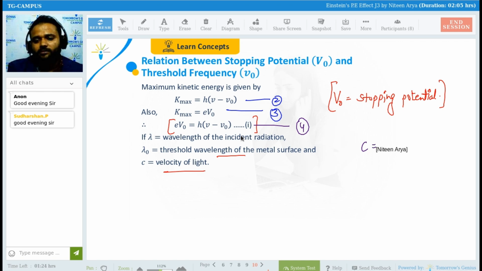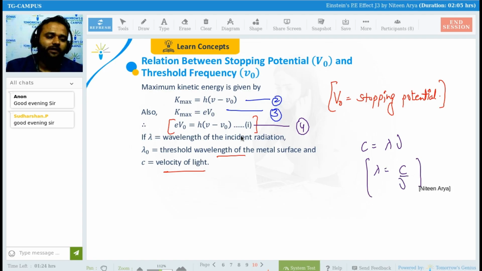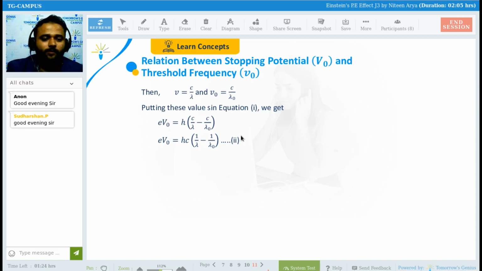Because c is the speed, and that is lambda times frequency. So if you know the frequency and c, the speed of light, we can find lambda. Lambda is nothing but c by nu. Clear, beta? We have done this so many times. These are the important relations.